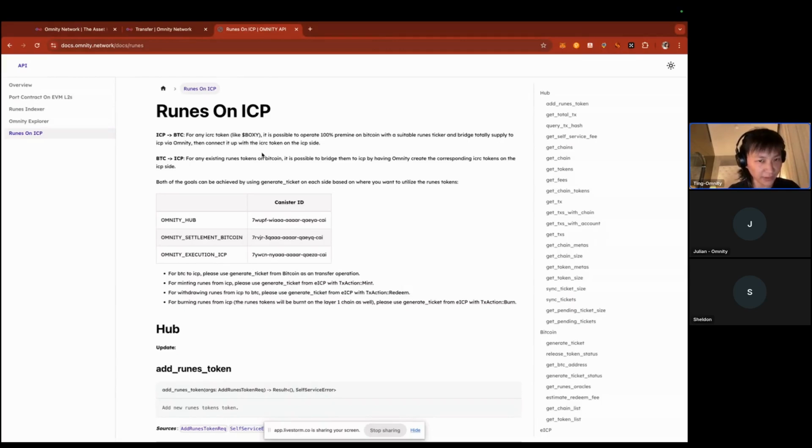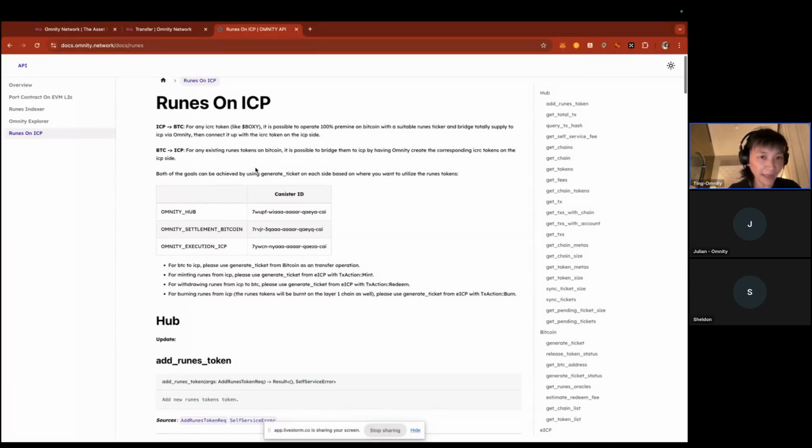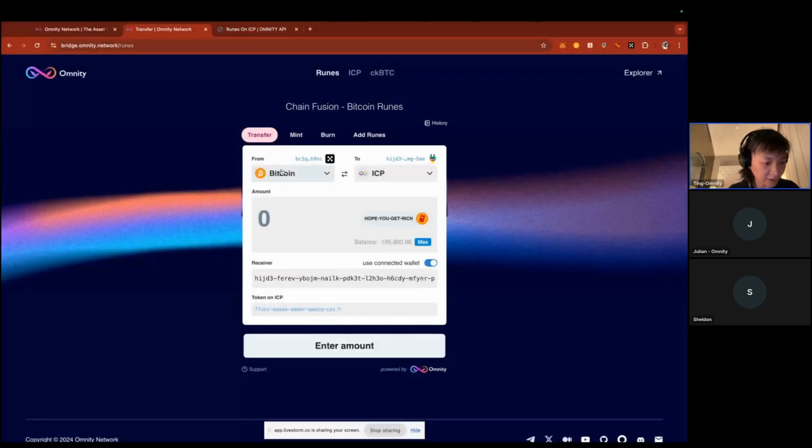And this is exactly what we do with the BOX token here. And instead of etching the Runes from somewhere else, Omnity would like to add an etching feature on the bridge in the near future.